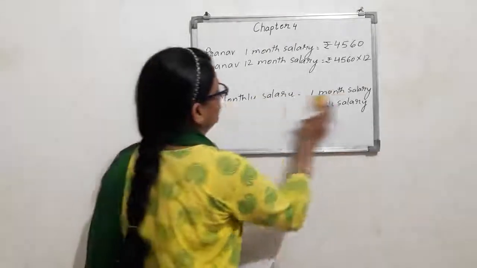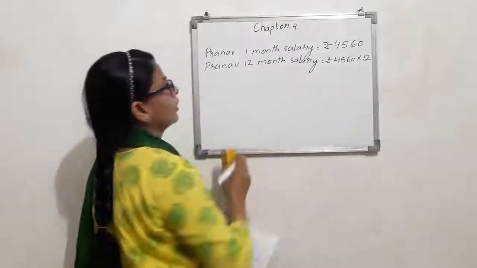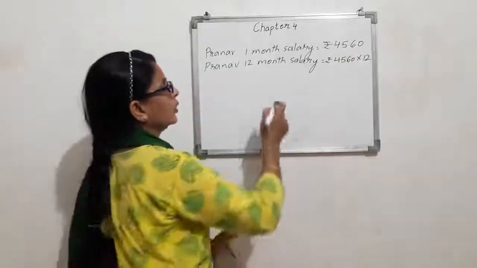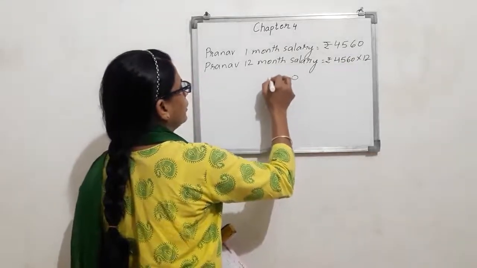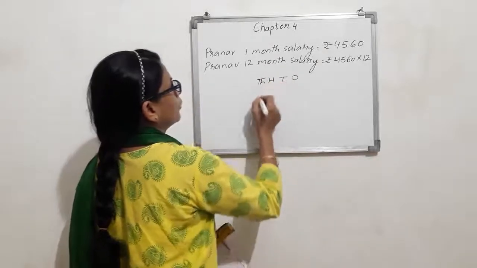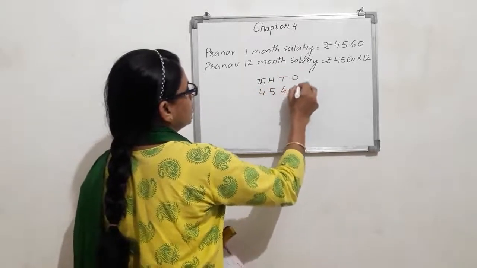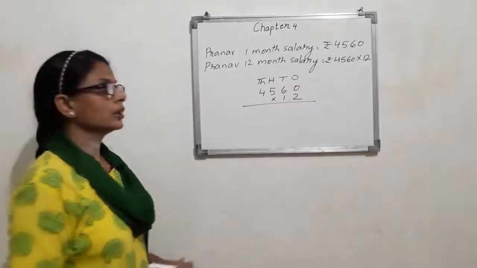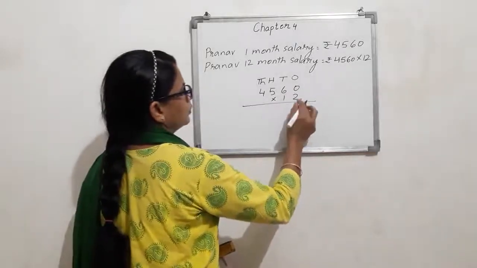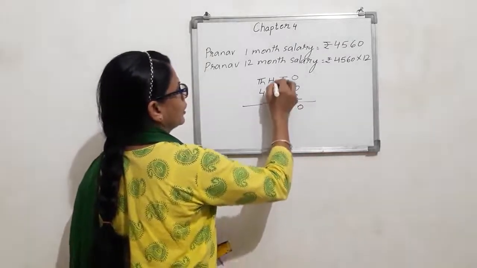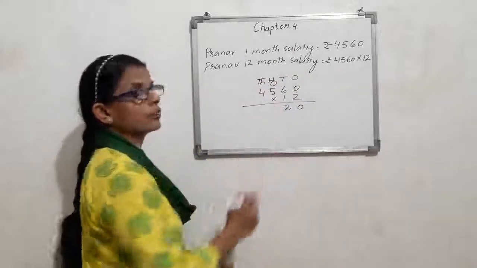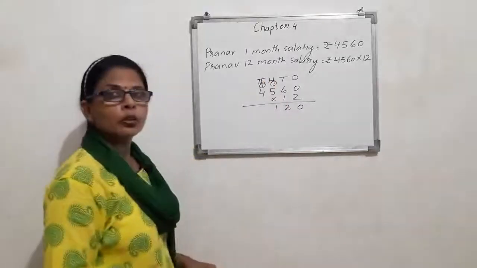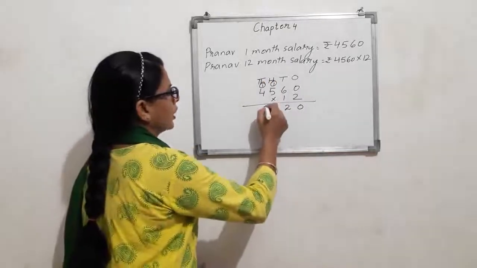Now we will multiply. The numbers are given in 4 digits and we have to multiply by 2 digits. So ones, tens, 100, 1000. 4,560 multiplied by 12. Always start from the ones place. 2 zeros are 0. 2 sixes are 12. 1 carried on the 100 place. 2 fives are 10. 10 and 1, 11. 1 will be carried on the 1000 place. 2 fours are 8. 8 and 1, 9.